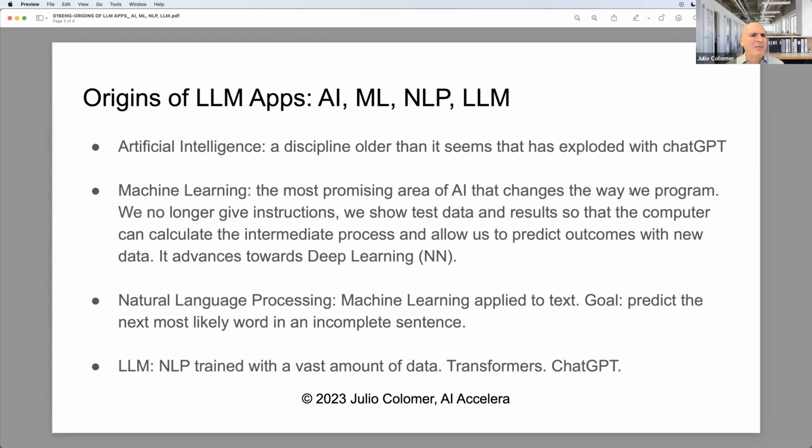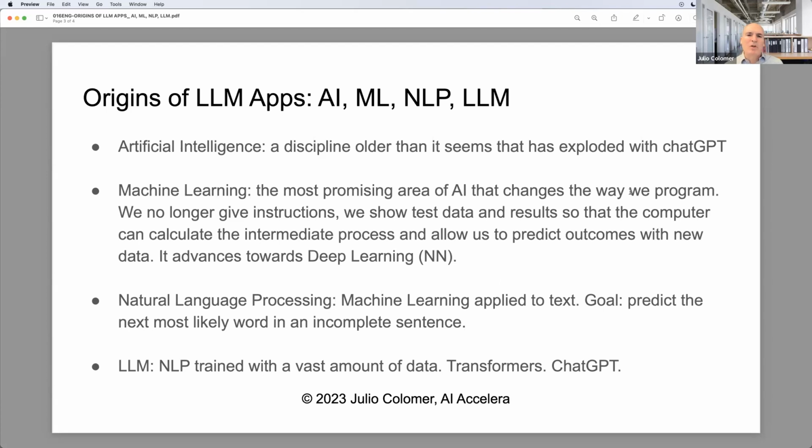It's something that has been studied for many years at the universities, but it was only after the launch of ChatGPT that we realized this is something we can use for many different applications in the business environment, in our daily lives, etc. Right? So, okay. Second thing, machine learning.